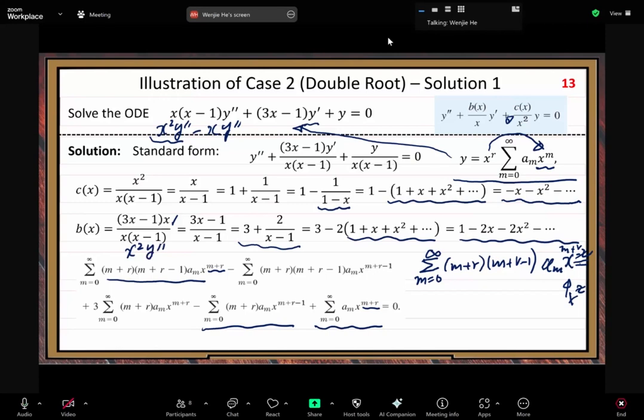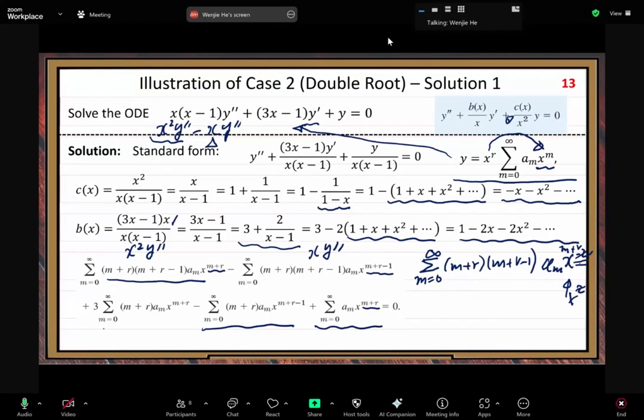Then the second summation, because this time you only have one x, you minus 2 plus 1 becomes minus 1. m plus r minus 1. Then the coefficient part is the same as before. So this is for the x times y double prime, the second summation.